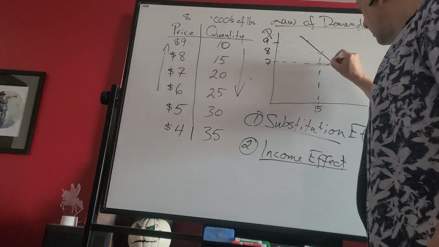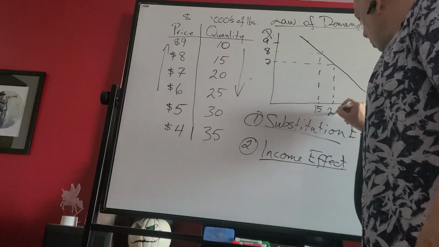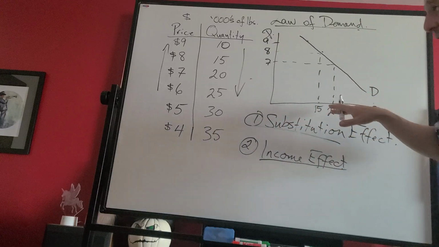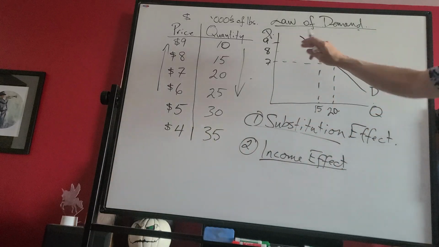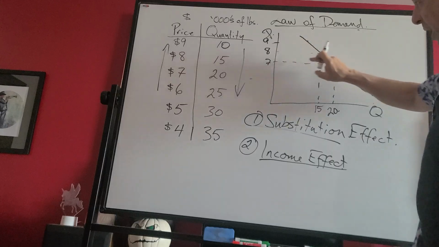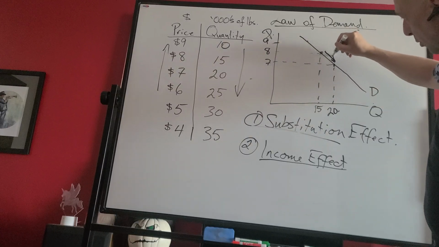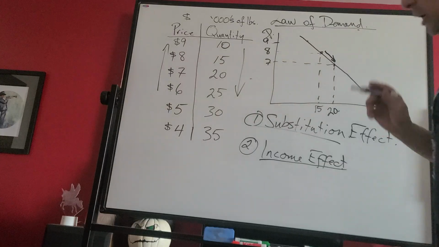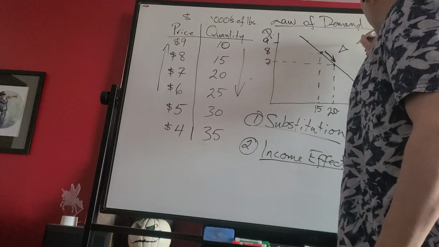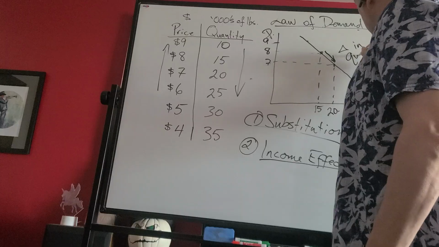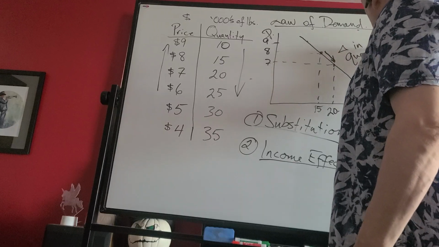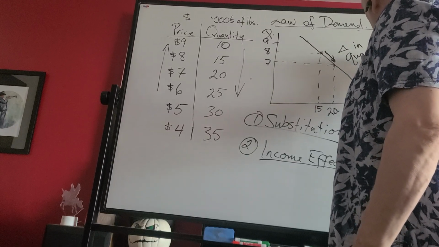At $7 we will have 20 demanded, right? This is not drawn to scale, but you see, when the price goes down, the quantity demanded moves. So it moves along the curve. So we call that a change in quantity demanded.